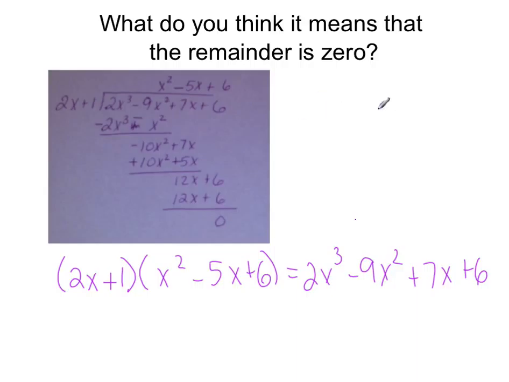So what it means is 2x plus 1 is a factor of this. And what's interesting is that if you tried to factor this by grouping, it just does not work. And that is a little preview of what's to come. We're going to find ways to factor when all of our traditional factoring methods fail us.